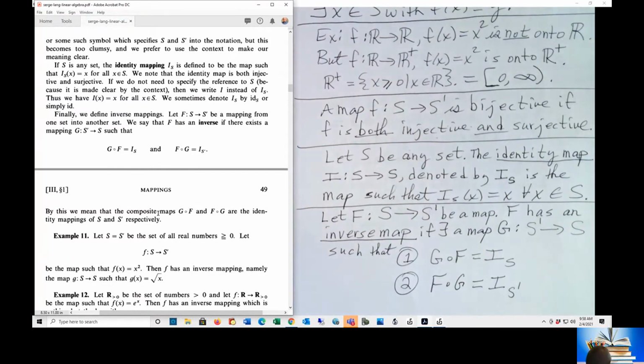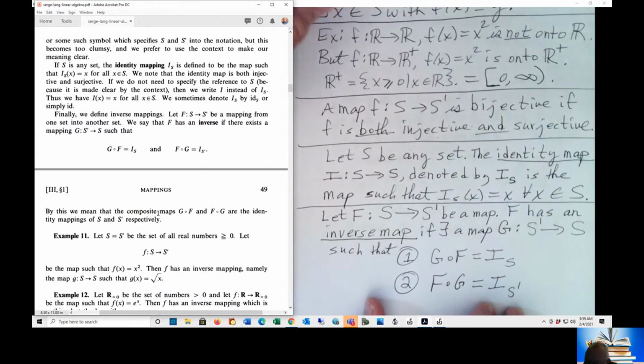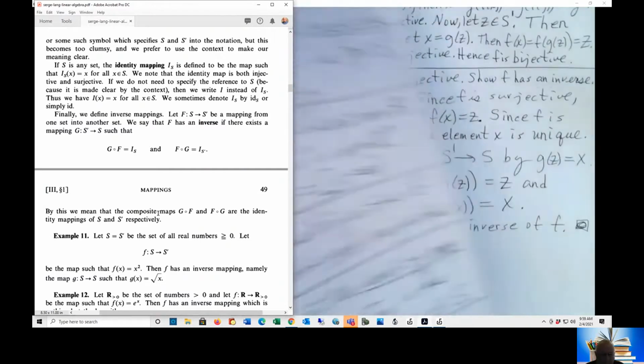F has an inverse mapping if there exists a mapping G going from S prime to S. So you're reversing the domain and codomain. So that two things are true: G composed with F is the identity map on S, and vice versa, F composed with G is the identity map on S prime. All right, so those are the definitions.